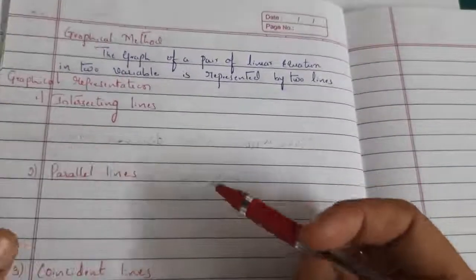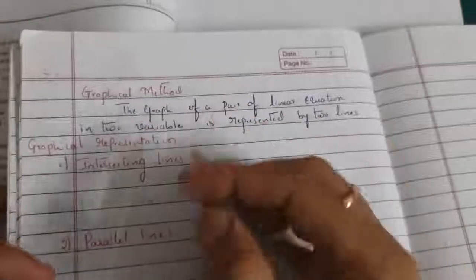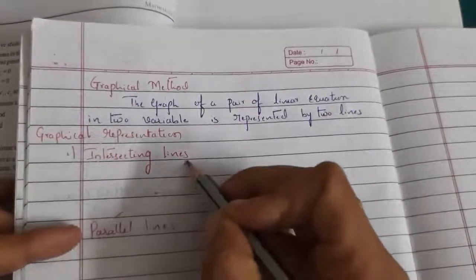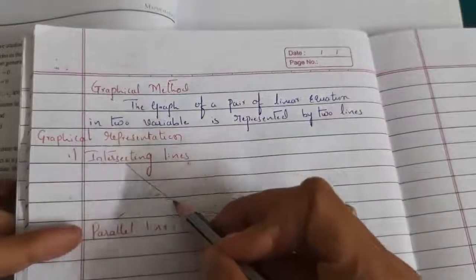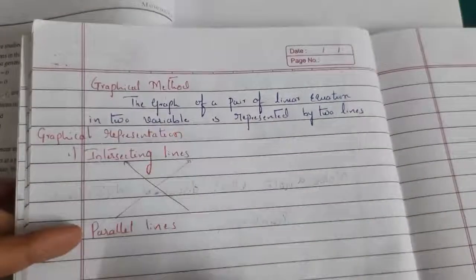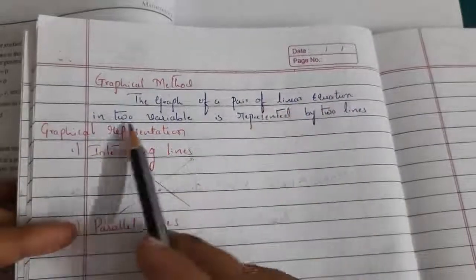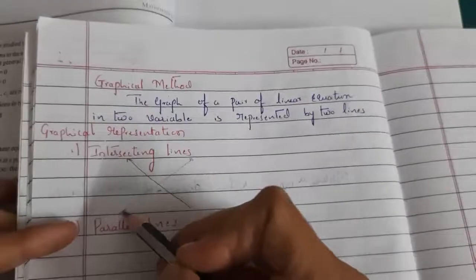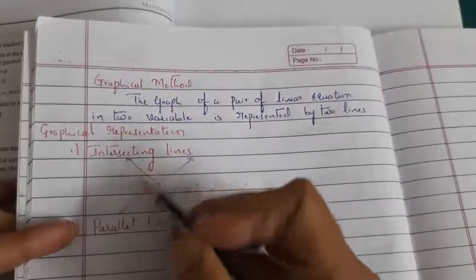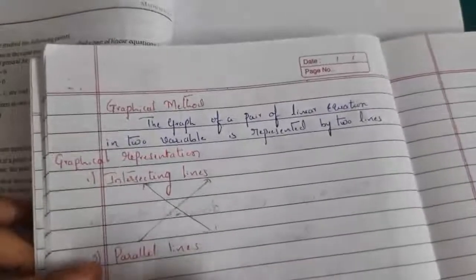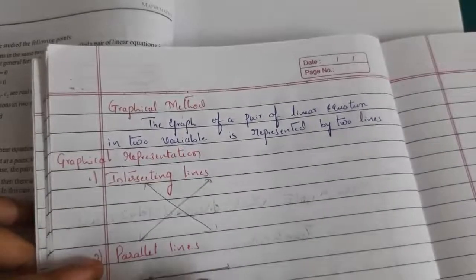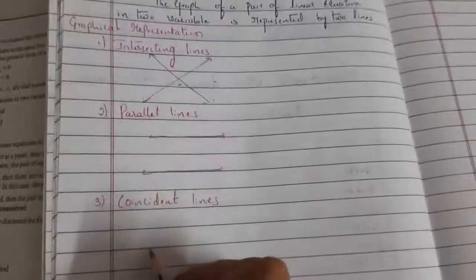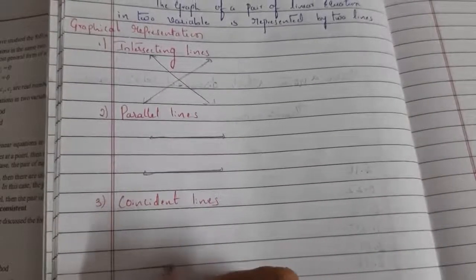The first one is intersecting lines, then parallel lines, and coincident lines.